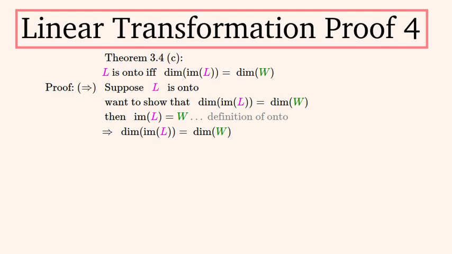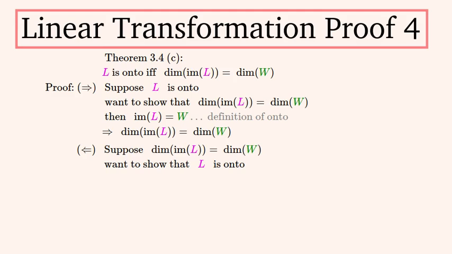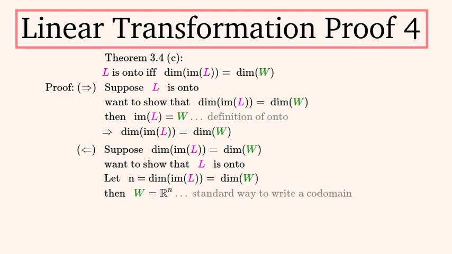so the forwards direction has been proven. Now to do the reverse direction, which I found a bit tricky. I did a bit of improvisation, so I hope you like it. Firstly, I'll set the dimensions of these two vector spaces to n. And codomains are usually the field used by the vector space raised to the power of an integer. In this case, it's the reals raised to the power of n.